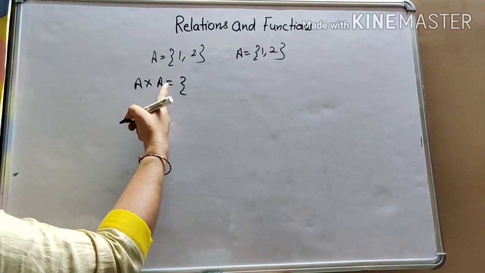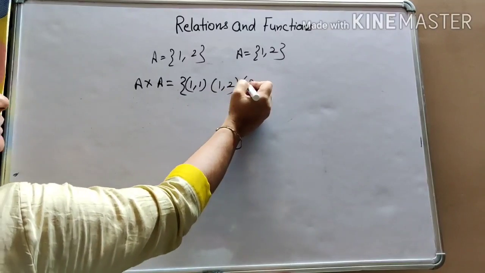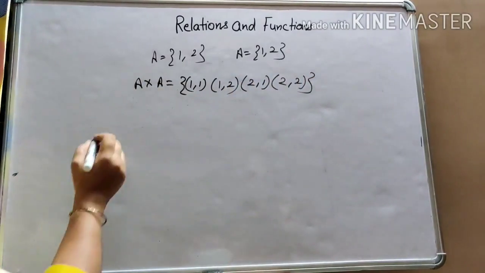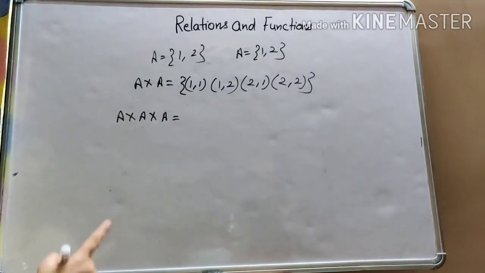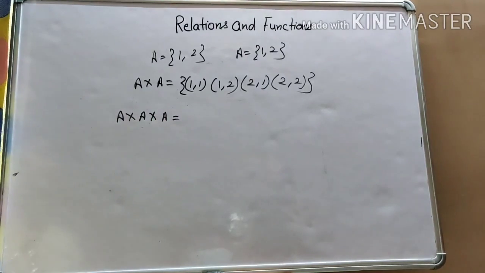Now A cross A is equal to (1, 1), (1, 2), (2, 1) and (2, 2).